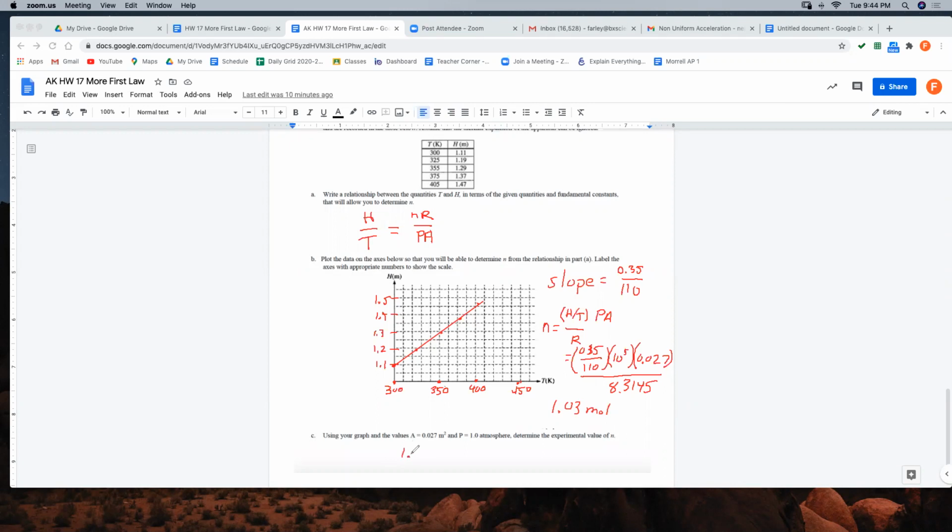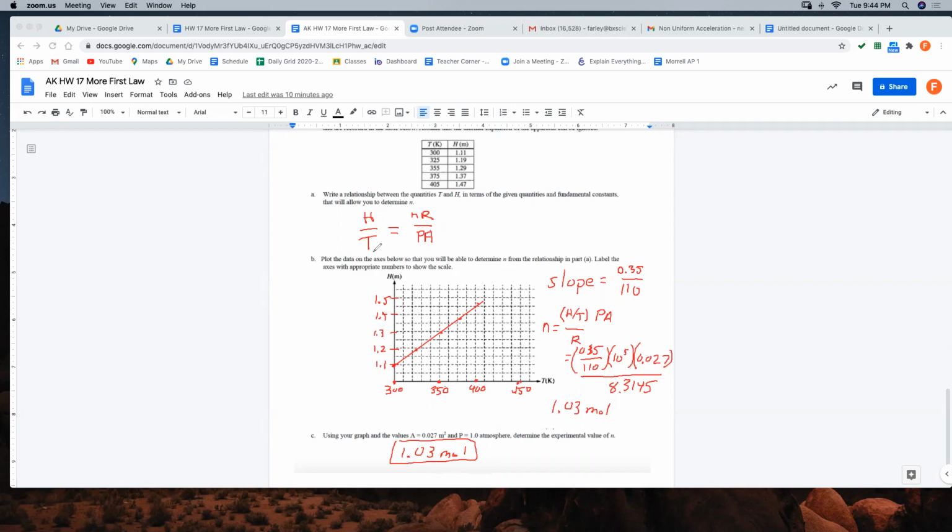Now, I looked up the answer and they get 1.1. Anytime you're finding a best fit line, you're going to have a little bit of error. So I'm going to say my 1.03 is close enough to 1.1 that I would get a point, or however many points it is.